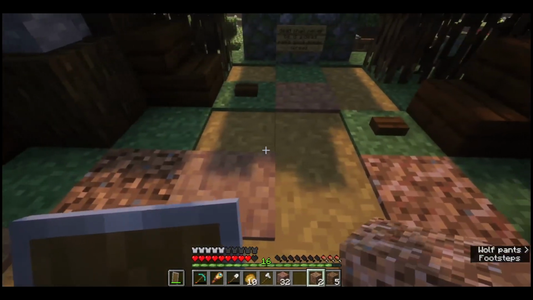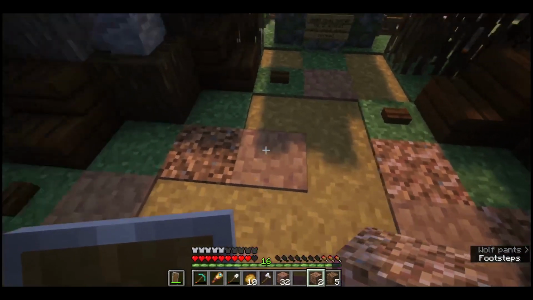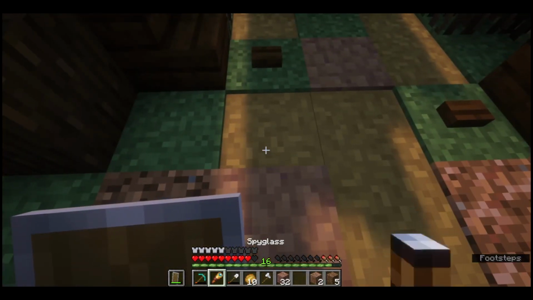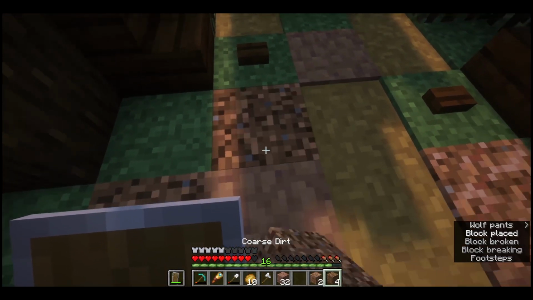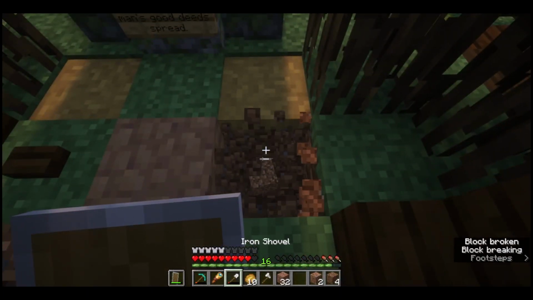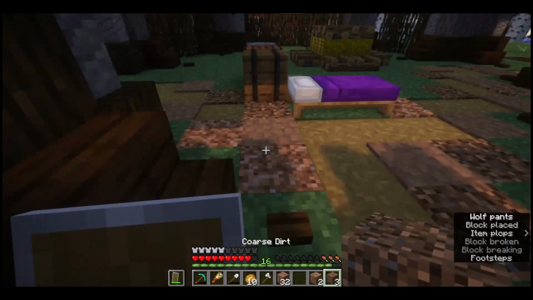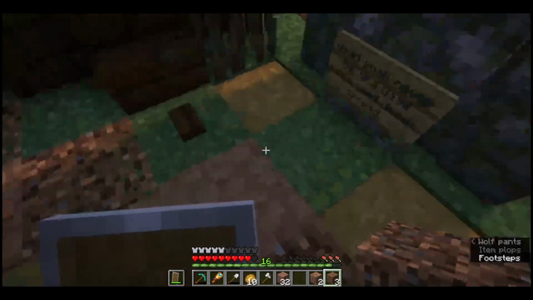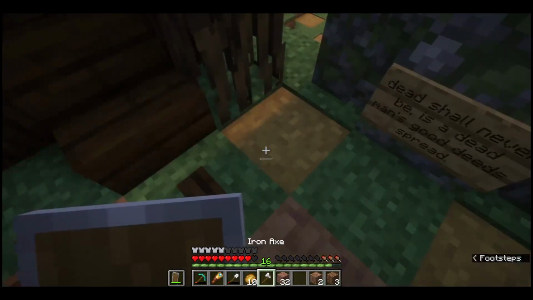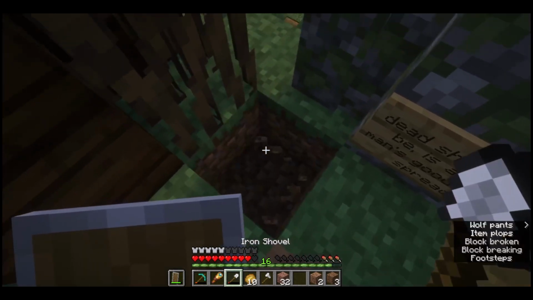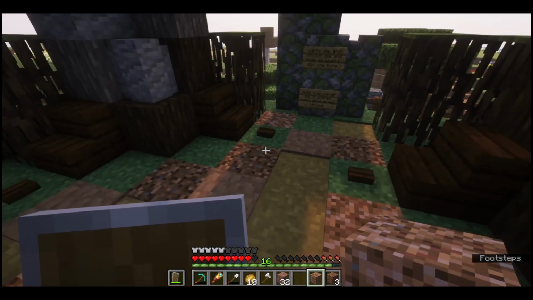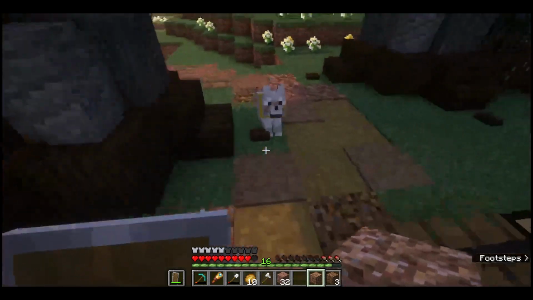Filling in the rest. I'm gonna put coarse dirt right here. And then right here. I think that should be 1, 2, 3. Yep, that's perfect. Okay. And then put some rooted dirt here. Yeah, and that's fine.